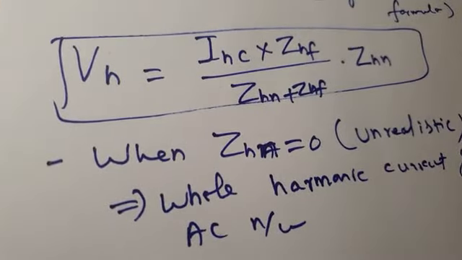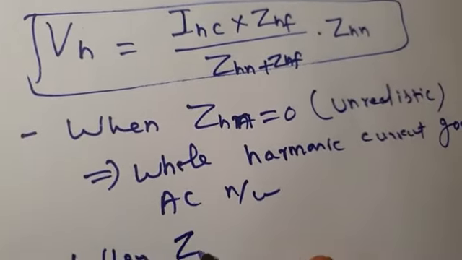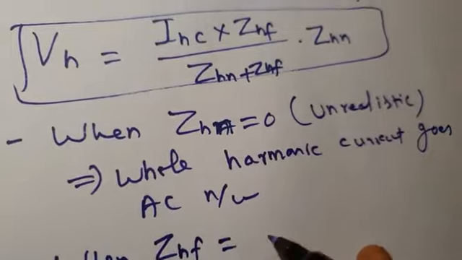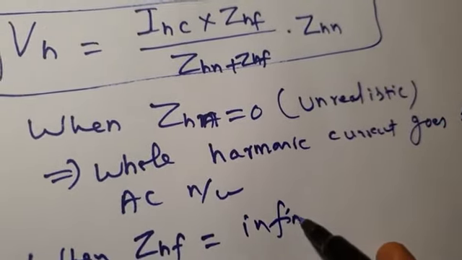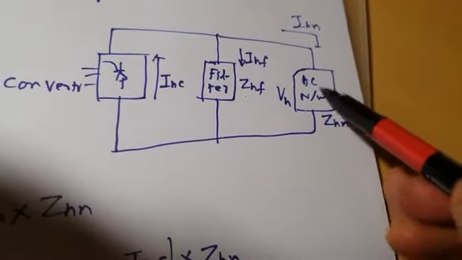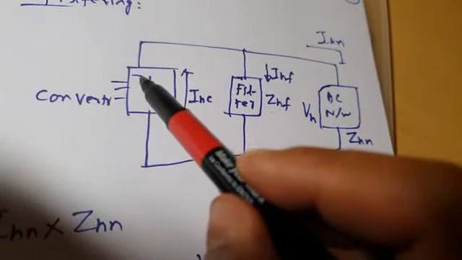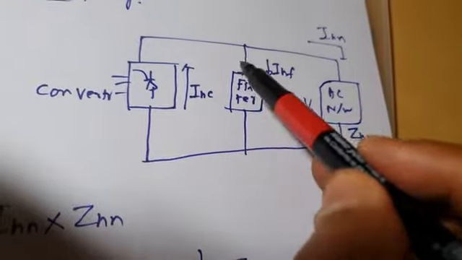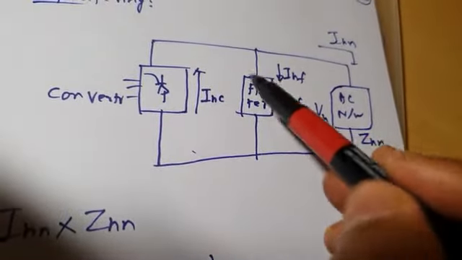All the current will flow into the AC network, which is undesirable, isn't it? So on the other hand, when ZHN is infinite, that means the AC network impedance is infinite. So whatever harmonics are generated by the converter, all the harmonics flow into the filter. They are trapped by the filter.